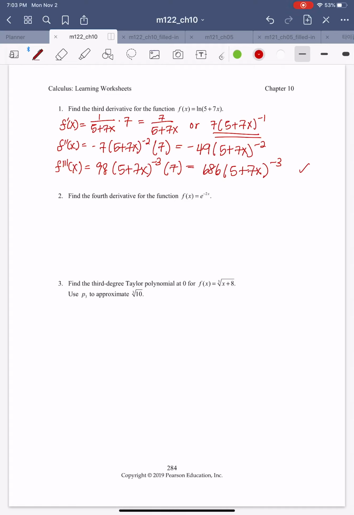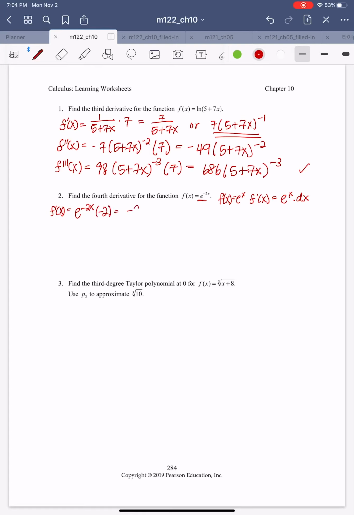Number 2, fourth derivative, so we do it 4 times. This is an exponential function. So the basic formula for the exponential function: the derivative of e to the x is e to the x. So recall that. The first derivative of e to the negative 2x is e to the negative 2x, and then the derivative of the exponent is negative 2.